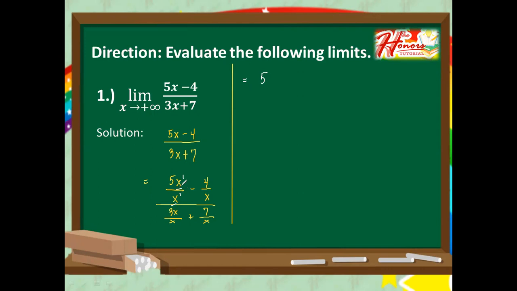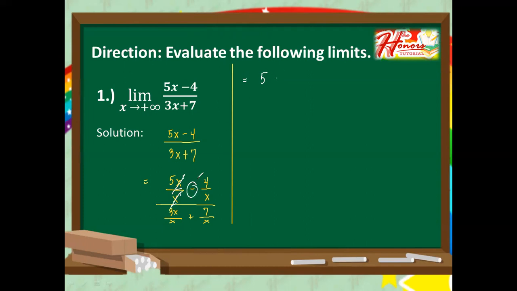So therefore, for you to remember this, if the variables are the same and also if their exponents are the same, kindly cancel the terms or the variables. And that's it. We have 5.